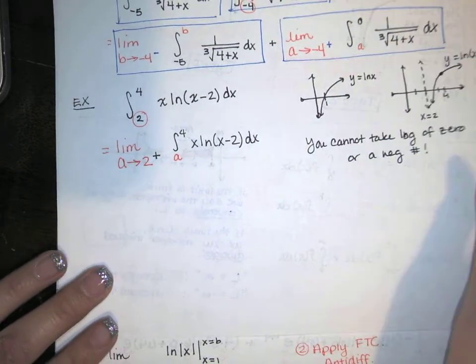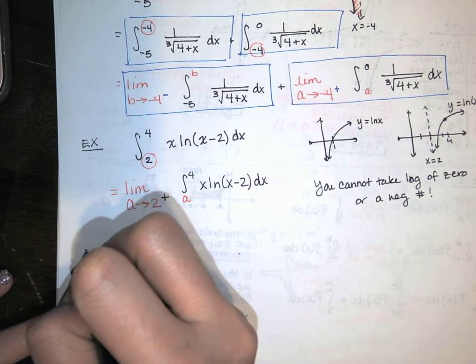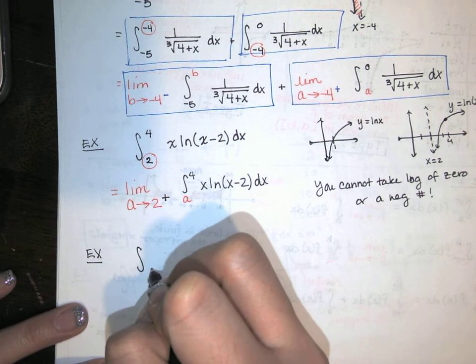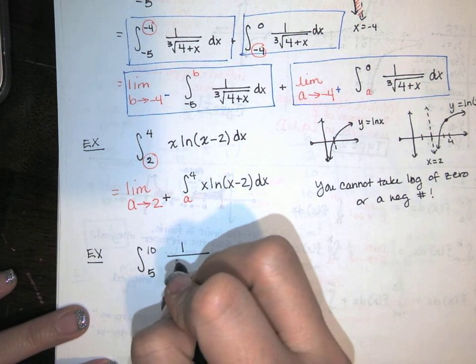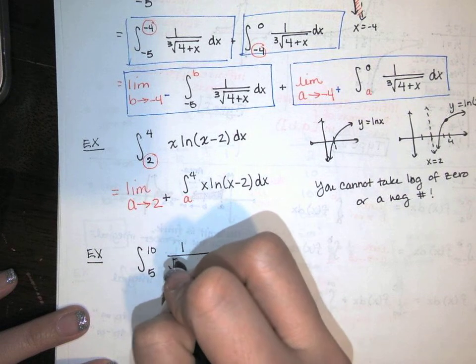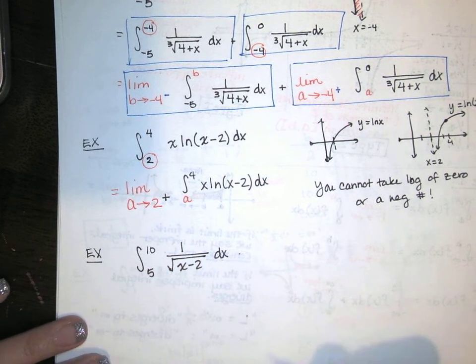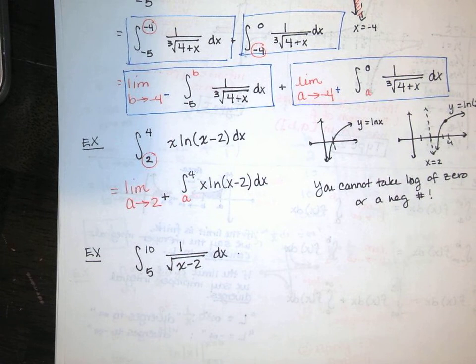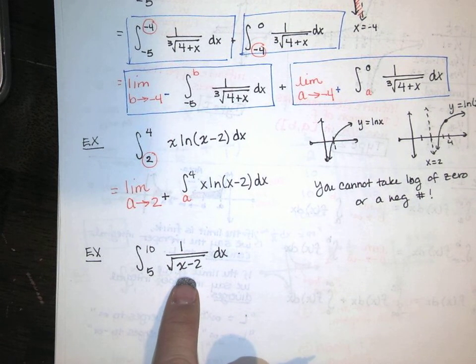And be careful about things like this. How do I handle that guy? Well, it has a problem. It has a problem at x equals 2, right?